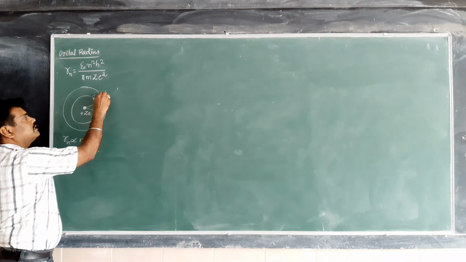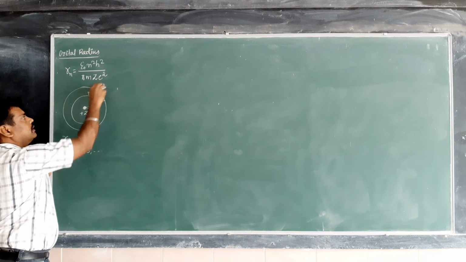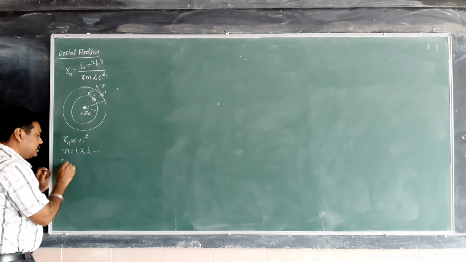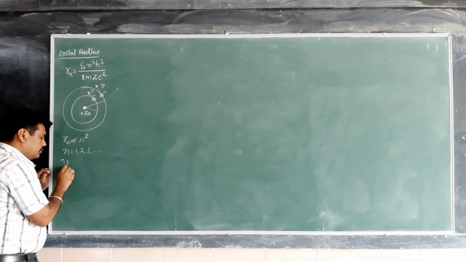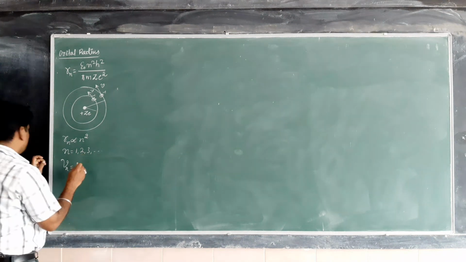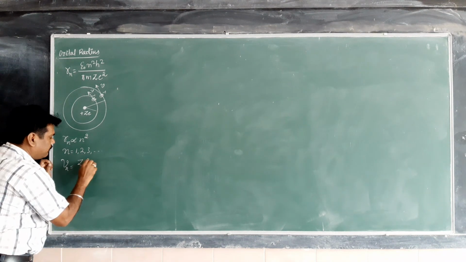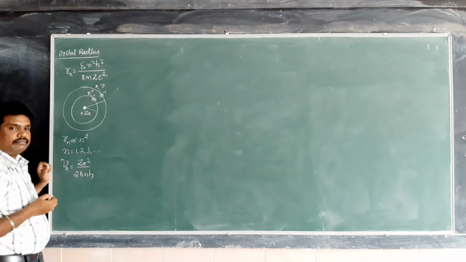Similarly, since the electron is moving with a certain speed, we have taken the speed v. v is the orbital velocity of the electron in the stationary orbit. The formula for Vn is Z e square divided by 2 pi nh.